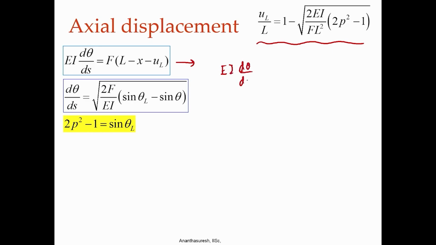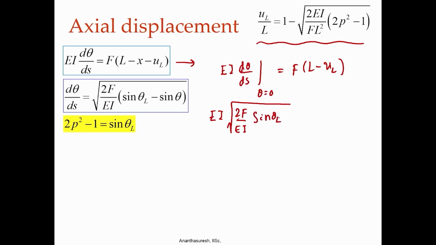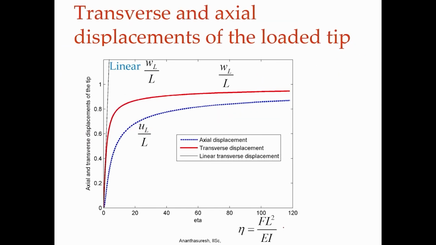So, if I do that, that E I d theta by d s at theta equal to 0, I will have f times L, x is 0, U L, we need to find U L, and then we see what is d theta by d s, the theta equal to 0, which we have, sin theta is 0, then I can put that as E I into square root of 2 f by E I into sin theta L, because sin theta is 0, that is equal to f times L minus U L, and then we further note that theta L is in terms of this 2 p square minus 1, 2 p square minus 1 sin theta L, we substitute, we get what is written there. So, we get U L as well here. So, we can plot them.